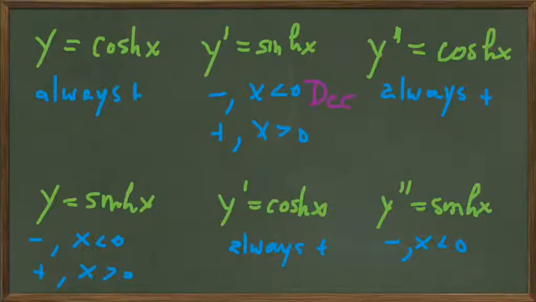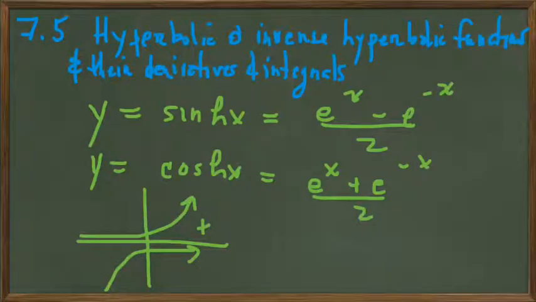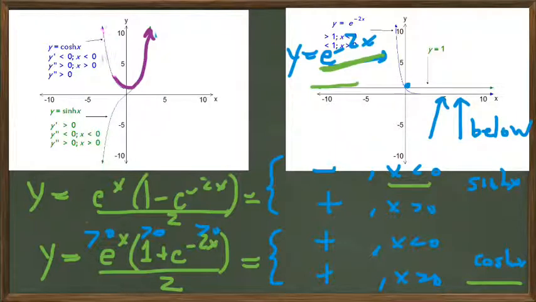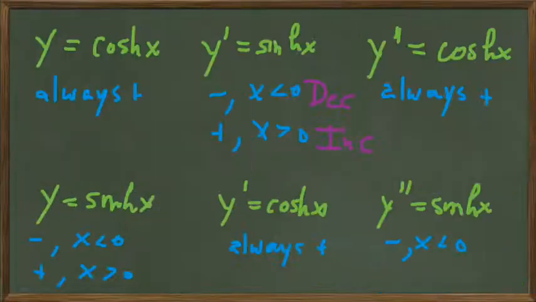And when x is greater than 0, it has a positive derivative, so it's increasing. Go back and look at the graph, and we see that, yes, on this section right here, it is decreasing, and on this section right here, it is increasing. And then for the second derivative, we see that it's always positive, which means that it's always concave up.